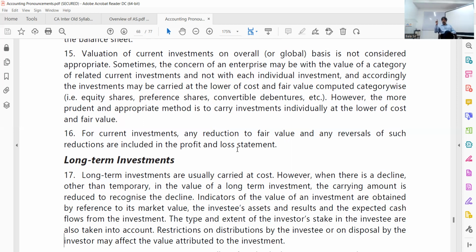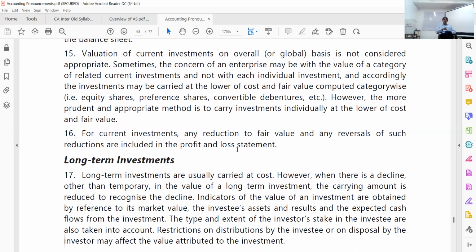Their net profit or loss, which they report on their P&L. And also, how much dividends you might get from that company in the years to come, the expected cash flow from your investments. You have to consider all these factors in determining whether the decline is other than temporary. Got it? Yes, sir.